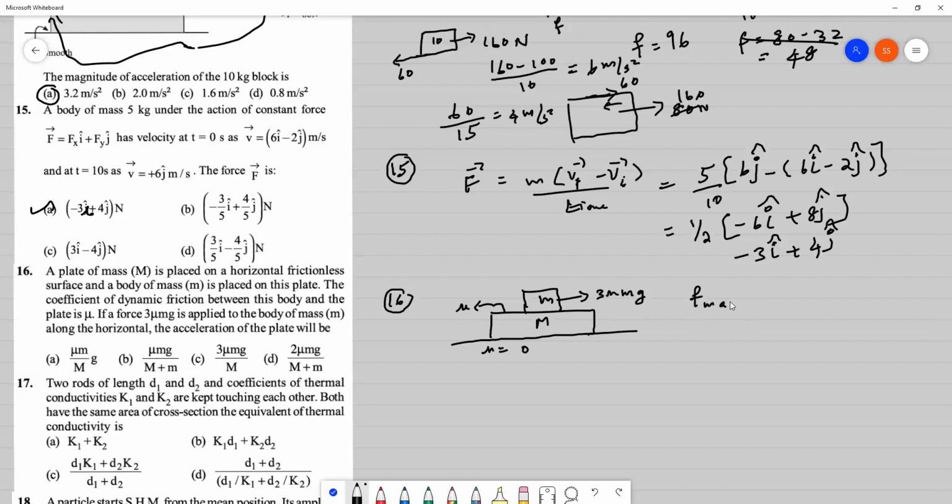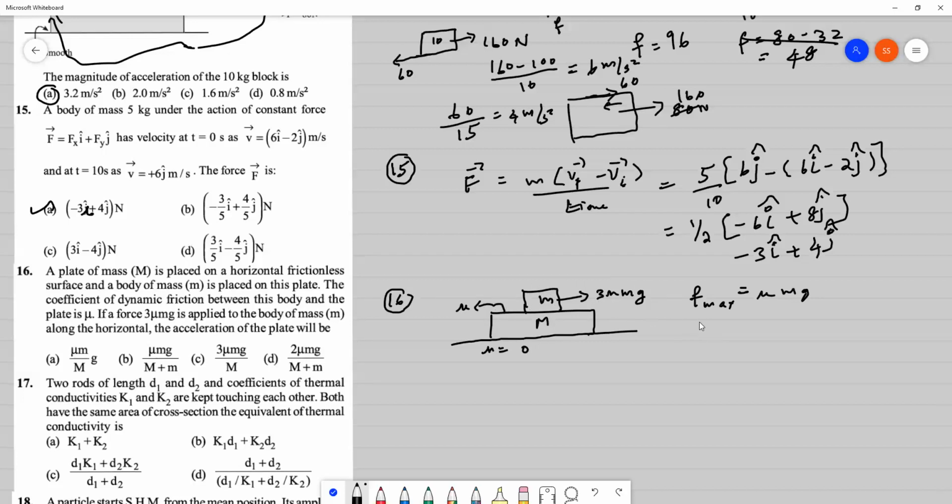That is equal to mu times N. N is again equal to mg. So already I told you the only vertical forces acting on it are mg and normal. So normal reaction should be equal to mg. Sorry, F max should be equal to mu times N, so mu mg. So the applied force here can overcome the friction force.